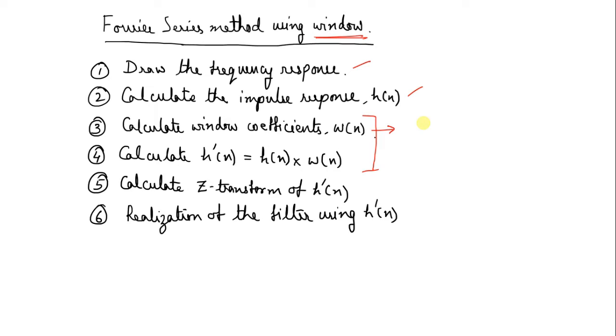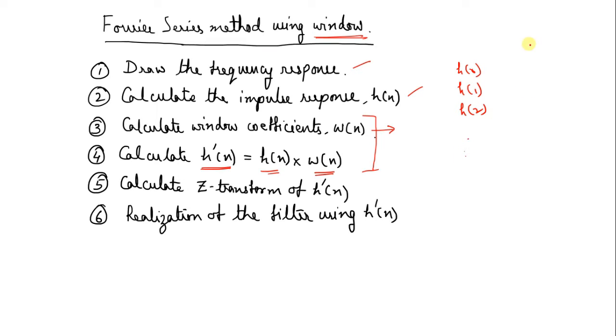Then the next step is to calculate h dash n, which would be your desired frequency response. How will you do it? By multiplying h(n) and w(n). Yesterday we calculated a lot of values, say h of 0, h of 1, h of 2, and so on.